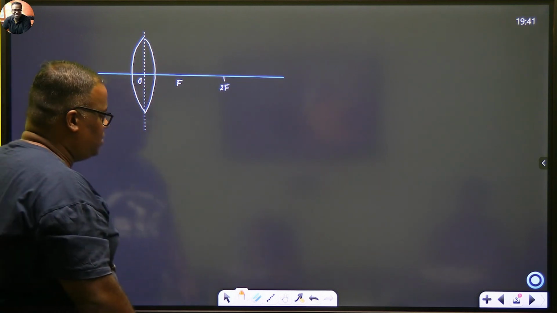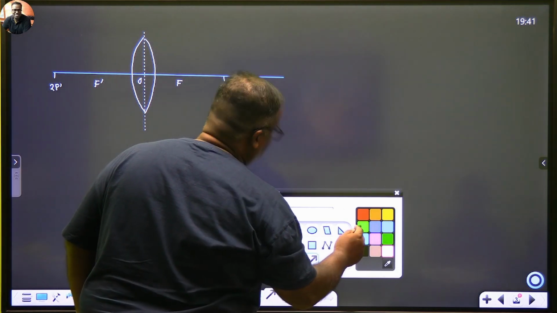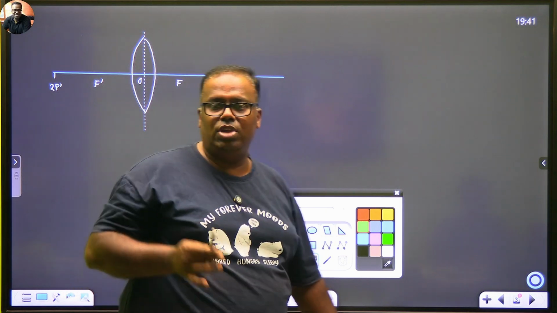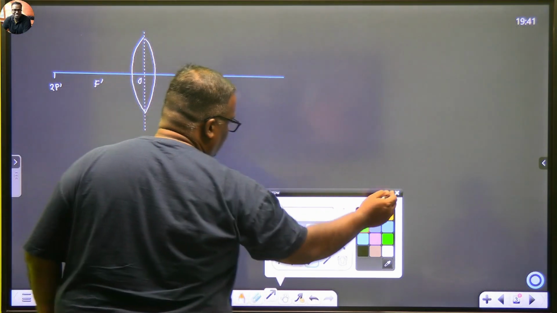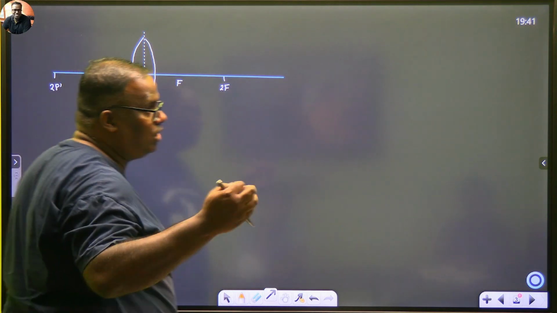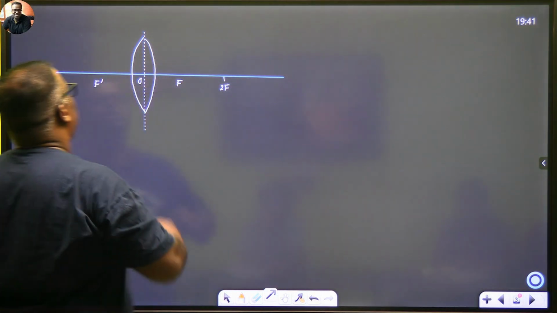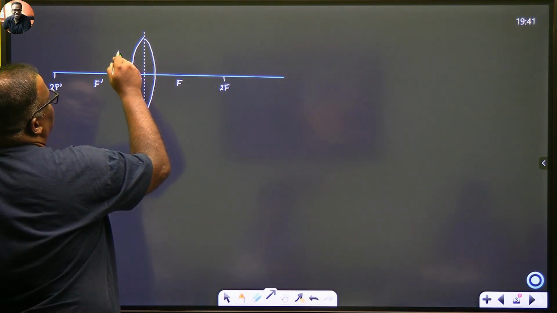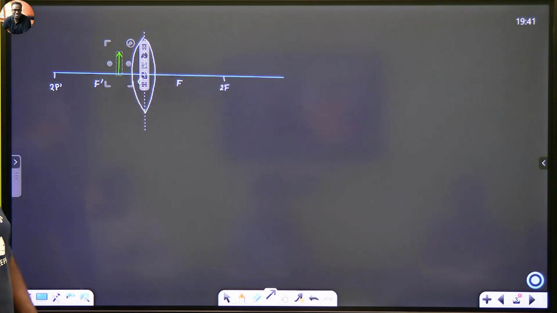Now you must have seen that whenever any person is using a lens as a magnifying glass, he will hold the lens very close to the object. So in this case, if you want to get an erect, virtual, enlarged image, ensure your object is between the optical center and the focus. इसके out आप करोगे आपका object क्या हो जाएगा? टेढ़ा हो जाएगा, image टेढ़ा हो जाएगा.